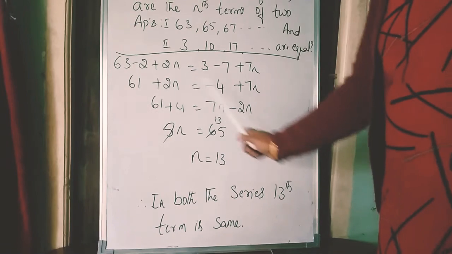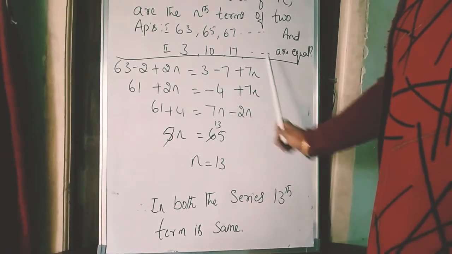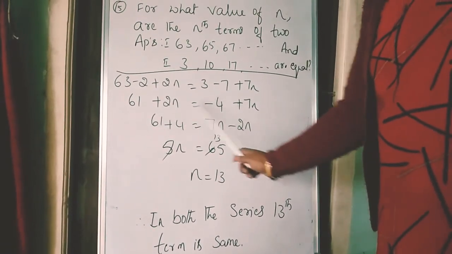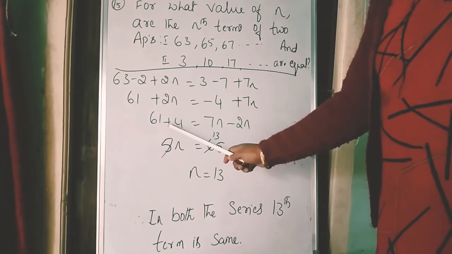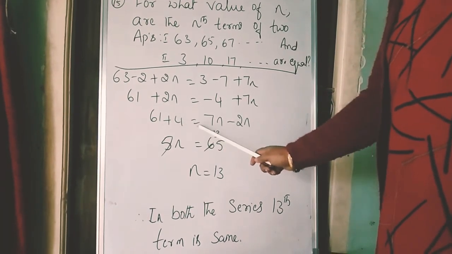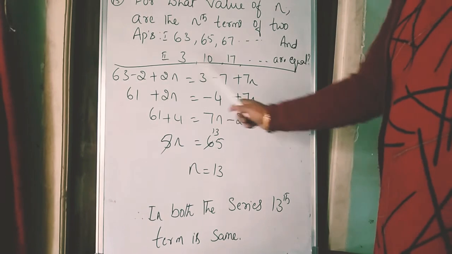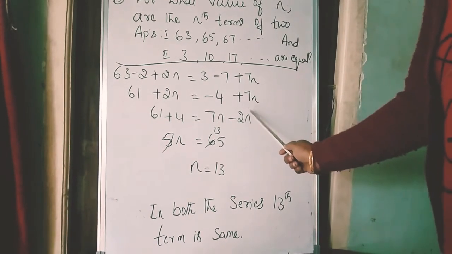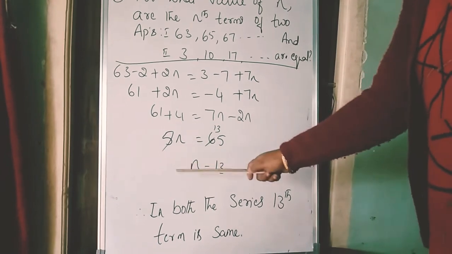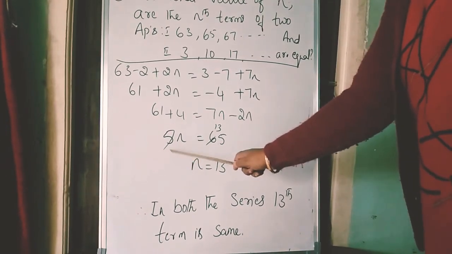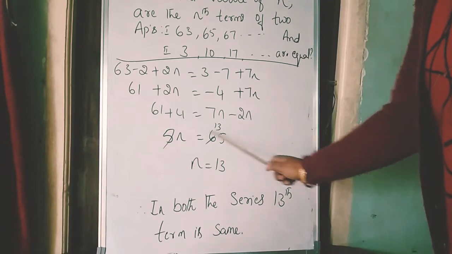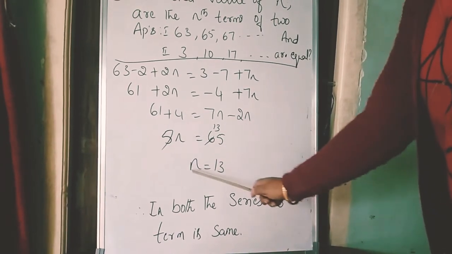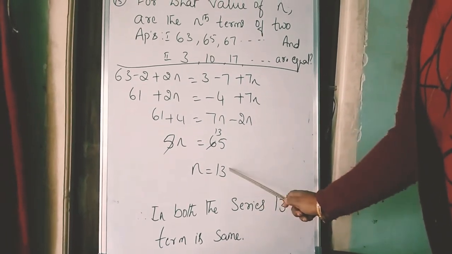Now take all the known things on the LHS, unknown things on the RHS. 61, this you transpose to the LHS, so plus 4 is equal to 7n. This you transpose to the RHS, minus 2n. Now, the unknown thing we should bring in most cases on the LHS. So 5n is equal to 65. 5 ones are 5, 5 thirteens are 65. So n is equal to 13.